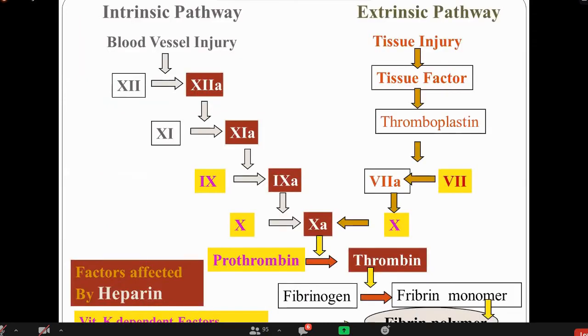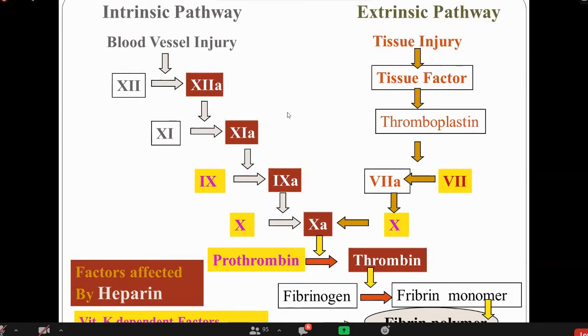Now this slide is very important, right? On the basis of this slide, we will be able to identify the group of drug that can be used. There are two pathways: the intrinsic pathway and the extrinsic pathway. One thing is very important, whether intrinsic or extrinsic. The intrinsic pathway is activated when there is injury in the blood vessel, and the extrinsic pathway is activated when there is injury in tissue.